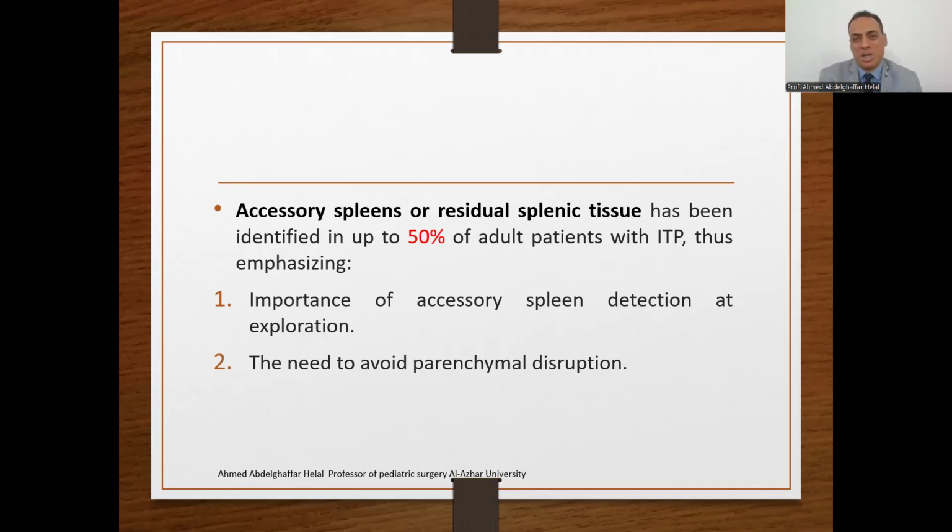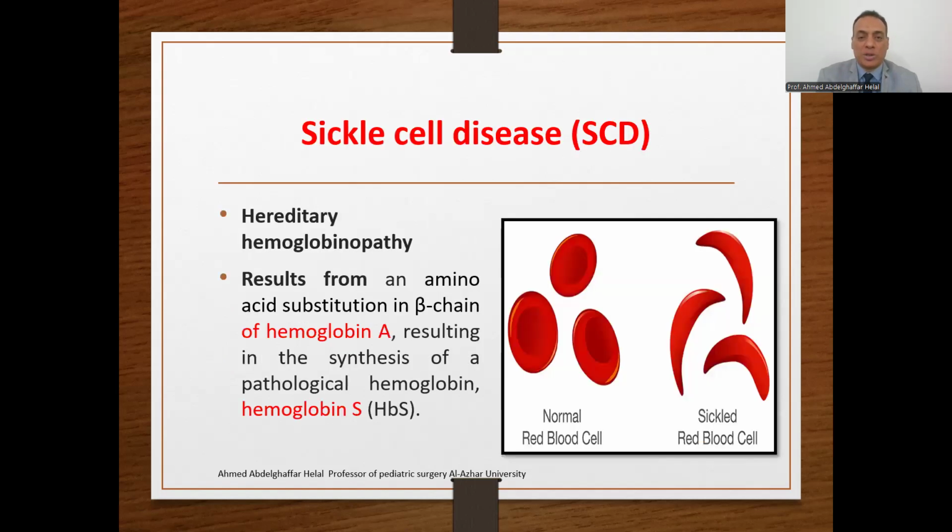Very important. In ITP, you must remove the spleen, search for accessory spleens and remove them. Don't disrupt the parenchyma of the spleen, to avoid symptomatic splenosis and dissemination of the splenic tissues inside, and the return of the same pathology.